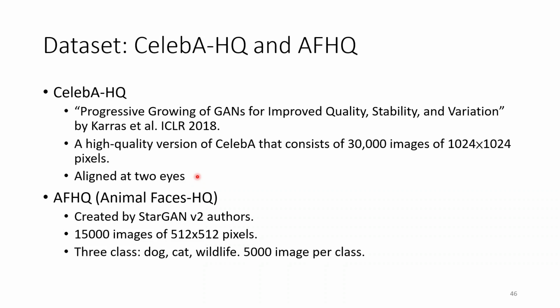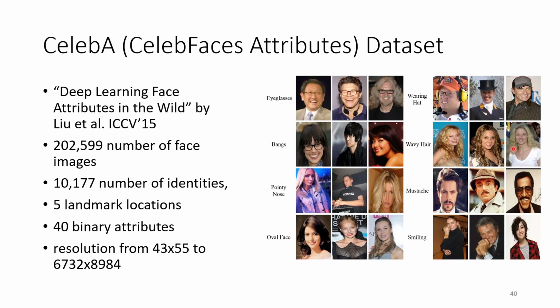Okay, they use CelebA-HQ. So let's go back to the CelebA dataset. You can see the resolution of those images in CelebA changes a lot, from very small to very large. So you can also imagine the quality of those images also changes a lot.